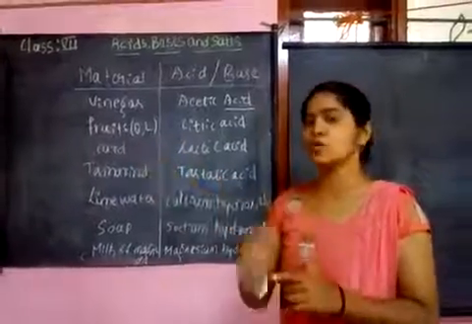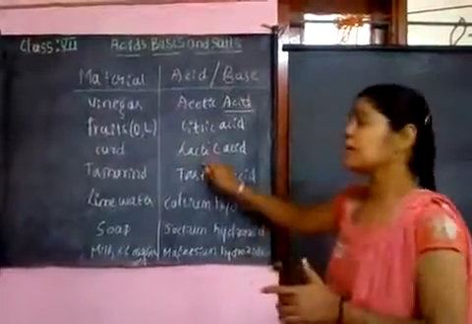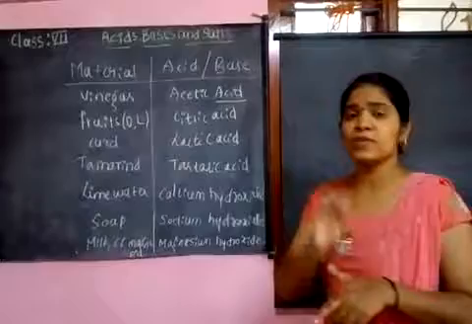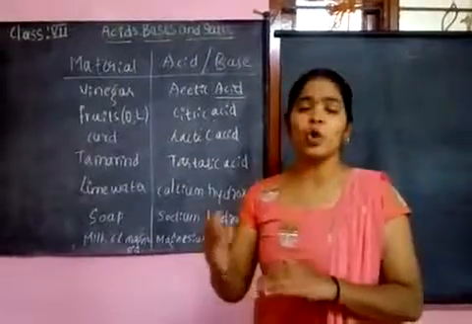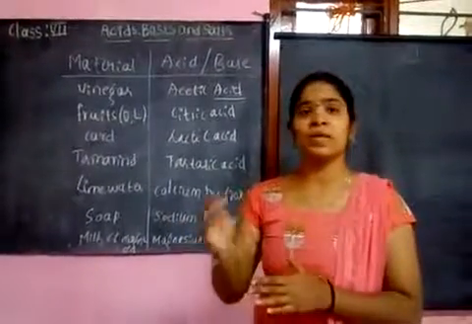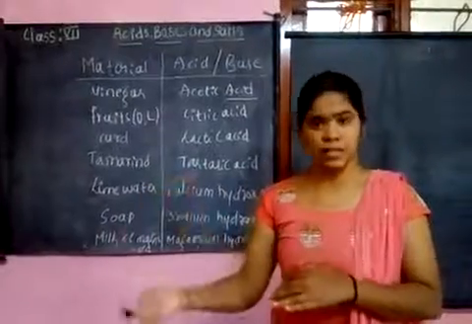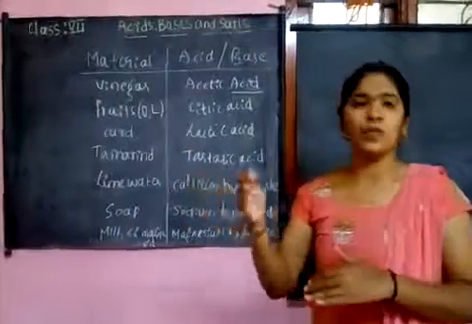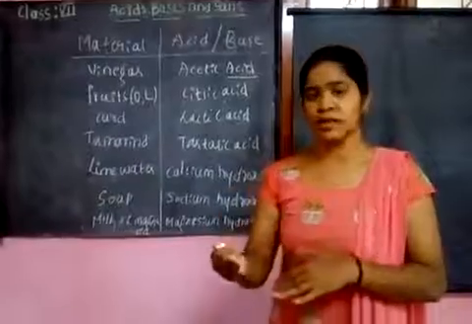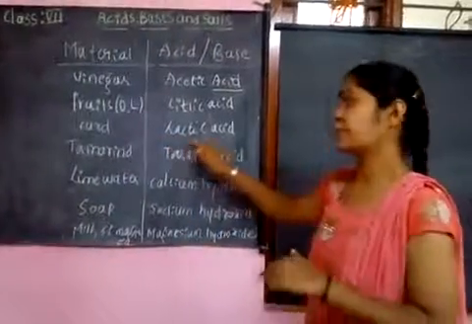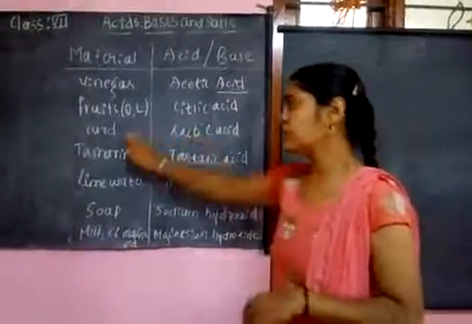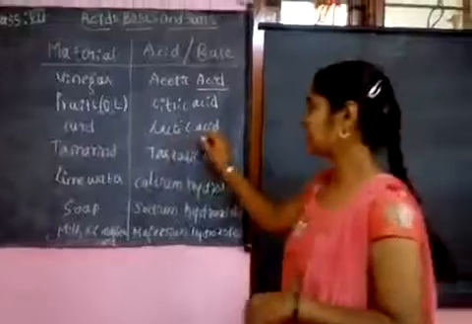Curd is also sour in taste, hence it contains lactic acid. As you all know, curd is a product obtained from milk. Milk is rich in lactose, and when it is left for some hours or 2 to 3 days, it converts into lactic acid. So curd is acidic in nature.